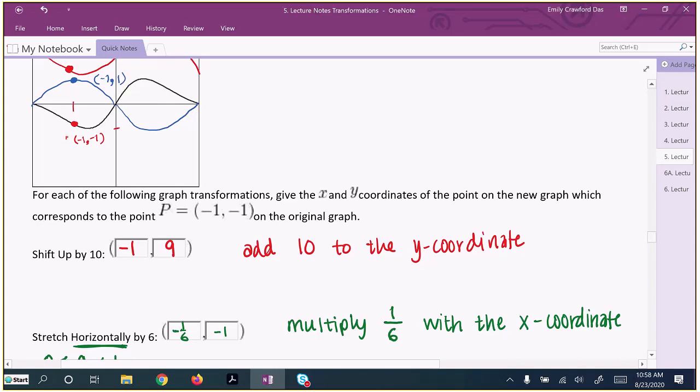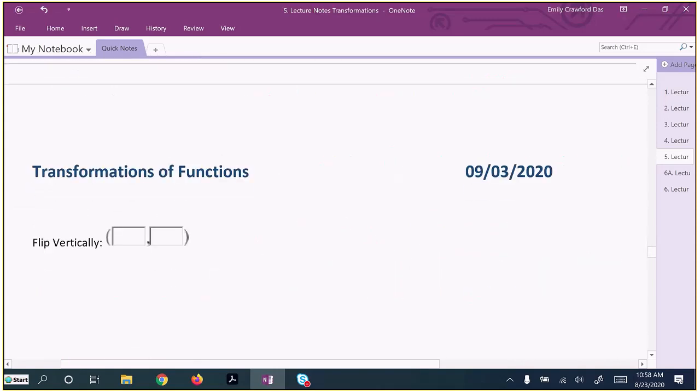So the point is now -1, +1, because we multiplied the y-coordinate by -1, or we just changed the sign of the y-coordinates.